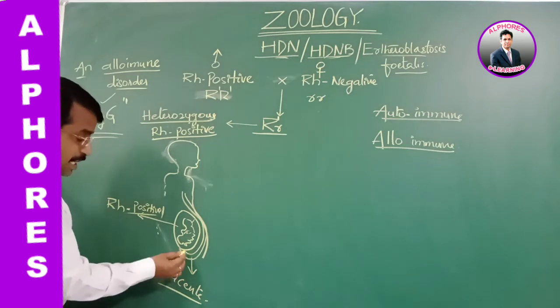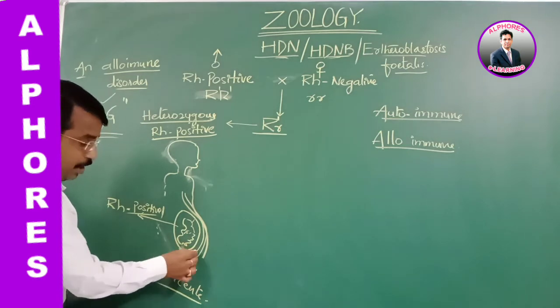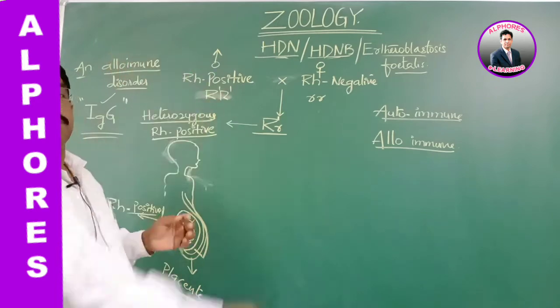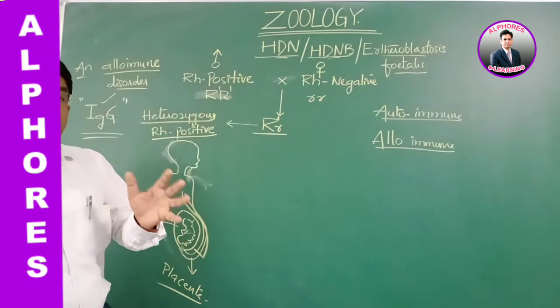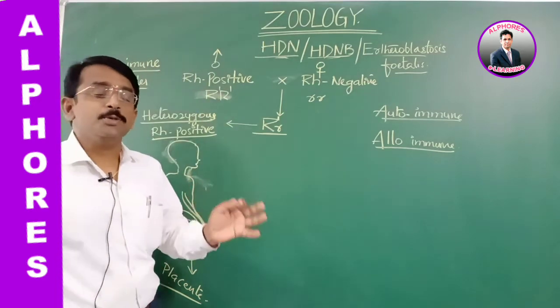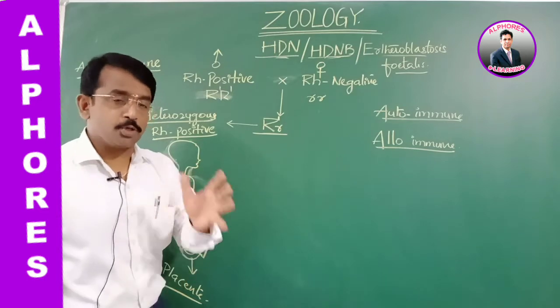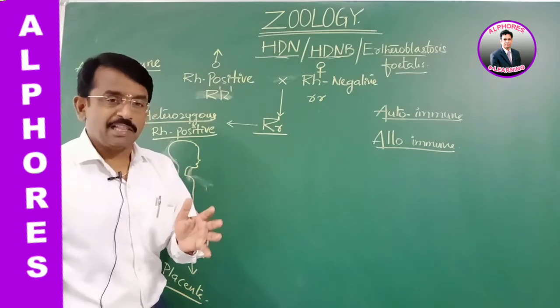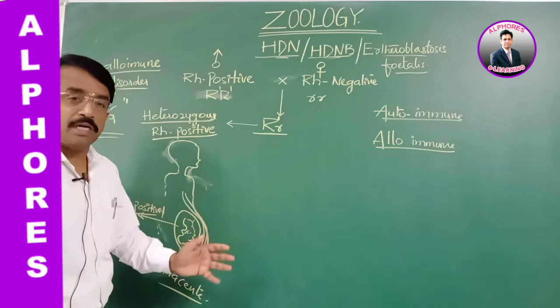This placenta will rupture during childbirth, or parturition. Parturition is the phenomenon where the baby takes birth.